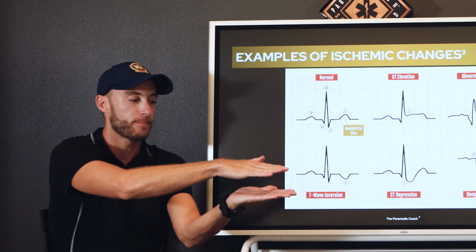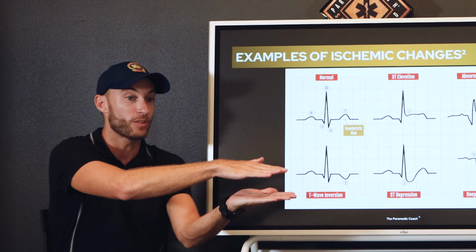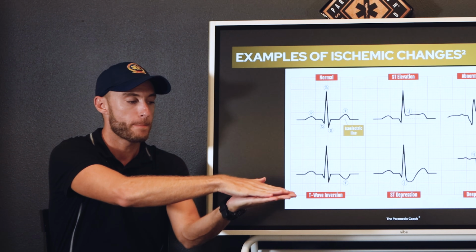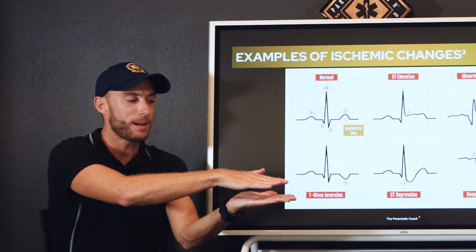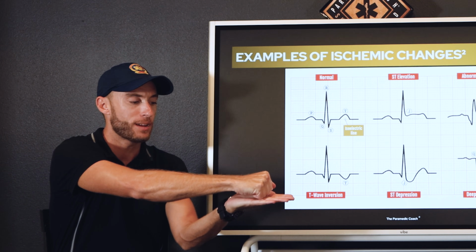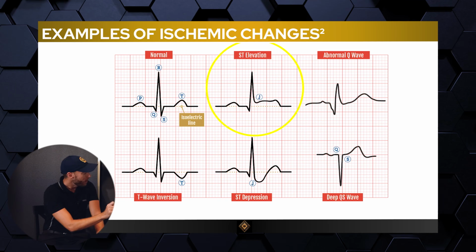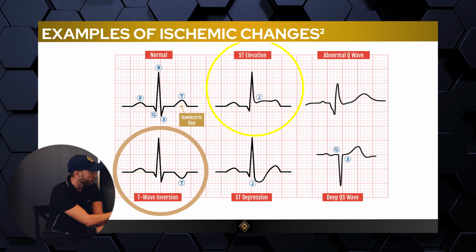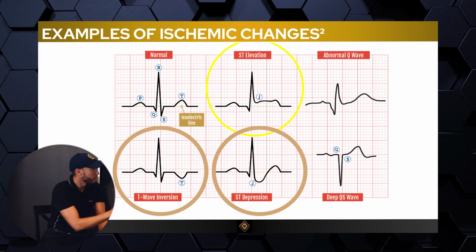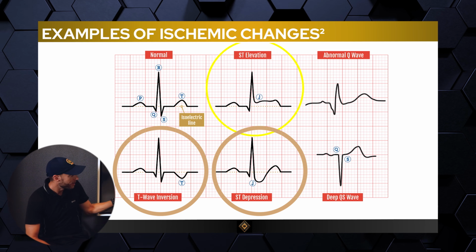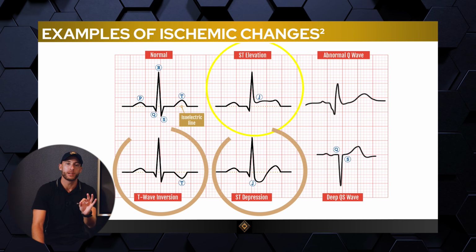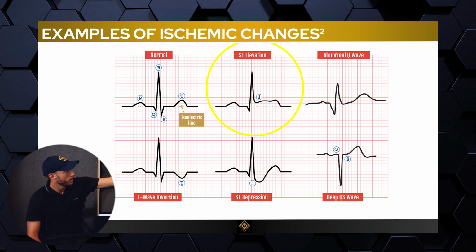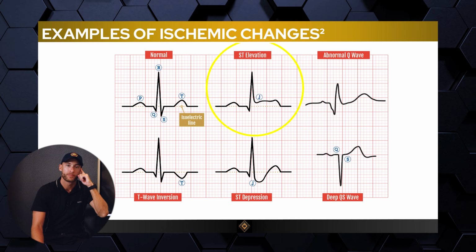You'll hear about that. Vasospastic, you might hear about that. So it's clamped down, or maybe I have some plaque in there, but there's a little bit of room left. With T wave inversion, ST depression, this is ischemia. If I see elevation, I'm thinking about infarction.